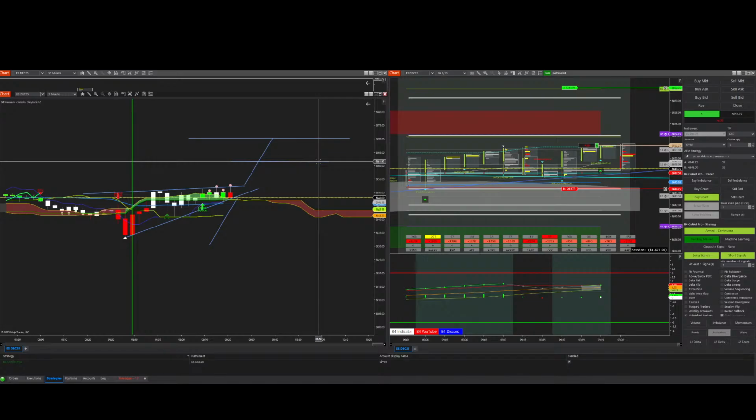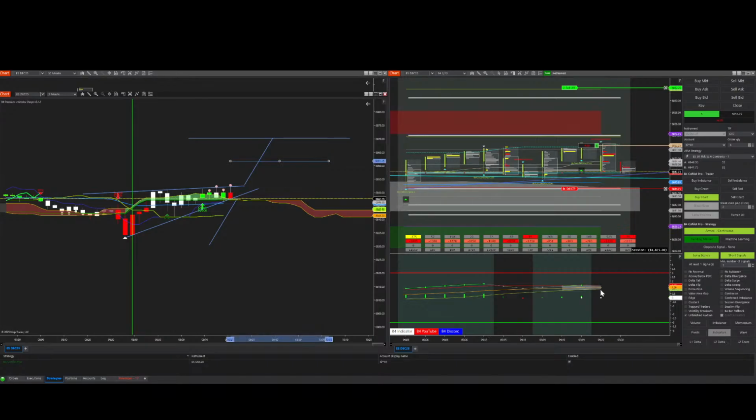We got the squeeze going on. Again, guys, this is not trading advice. It's for educational purposes only, and I'm just in sim mode here.